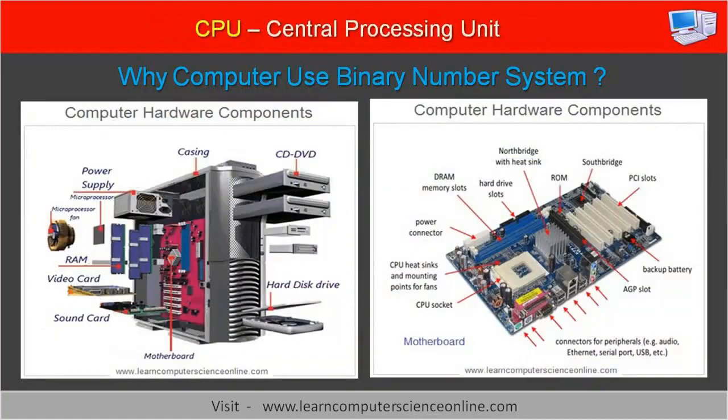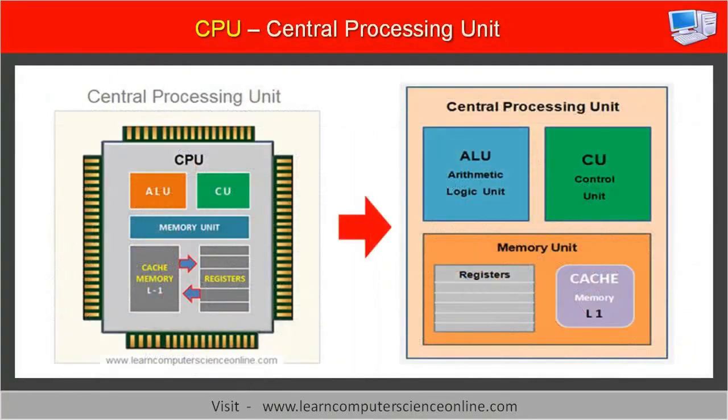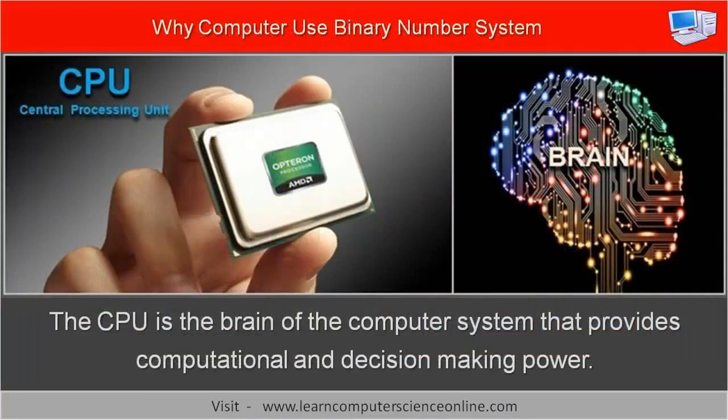The computer system uses the binary number system due to the computer system architecture and the microarchitecture of the microprocessor chip. In order to understand the technical reasons why computers understand only binary 0 and 1, we need to first study the computer system architecture. The microprocessor effectively functions as the brain of the computer system.